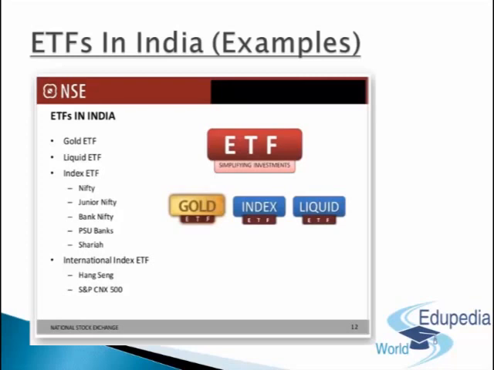ETFs which specifically allot their investments to these banks are usually called Bank Nifty index ETFs. Apart from that, we have PSU banks. If a person is investing only in public sector unit banks, then that will be a dedicated investment for only PSU banks.